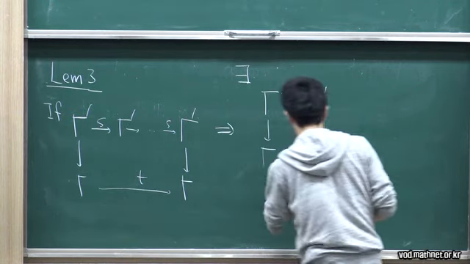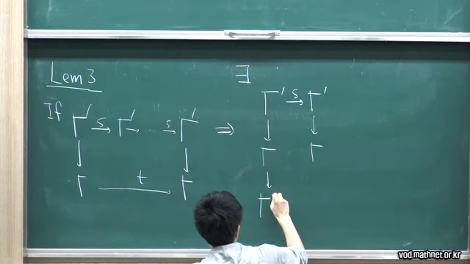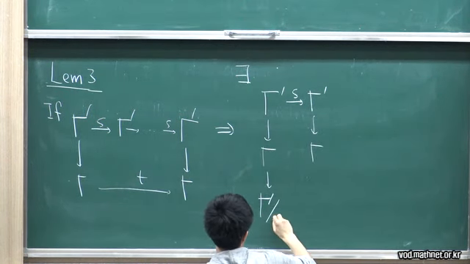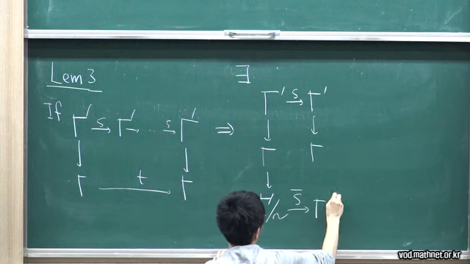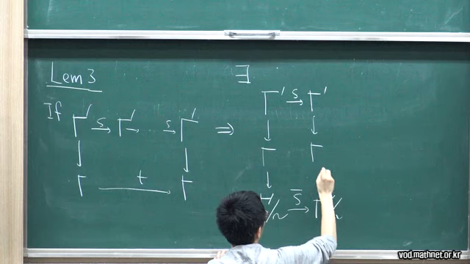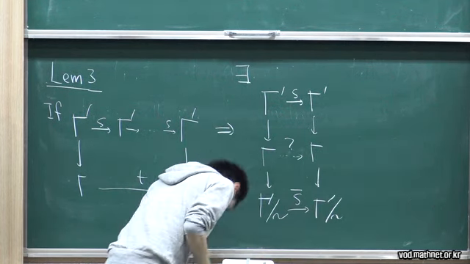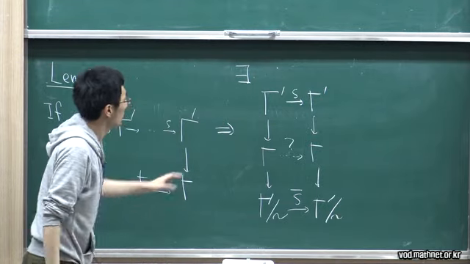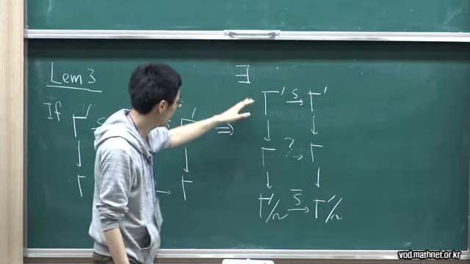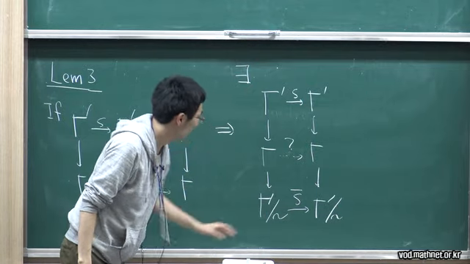No map here. So we can find the equivalence relation on gamma prime, so that here we can find the map. So we do not know if there is a map here, but we can find the equivalence relation on gamma prime, so that after getting the quotient, we can get a map here.